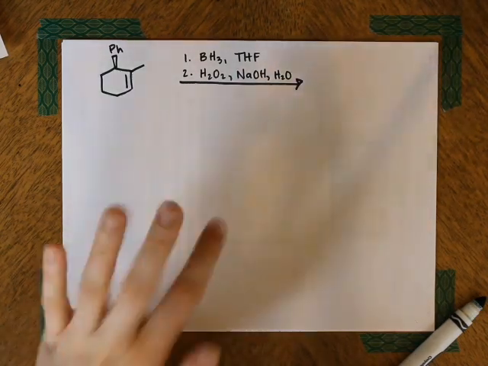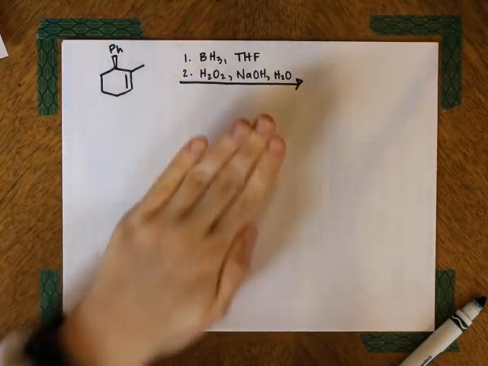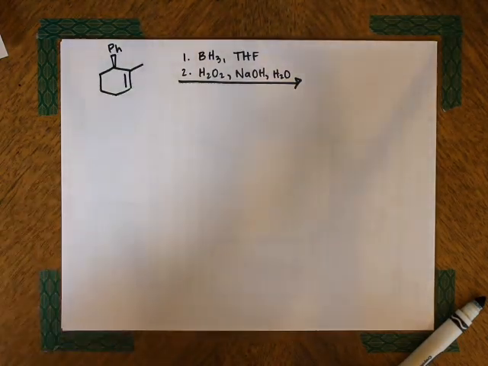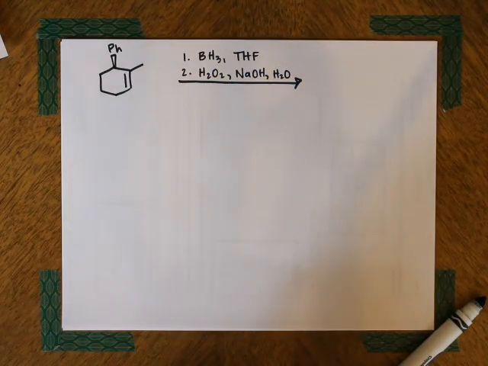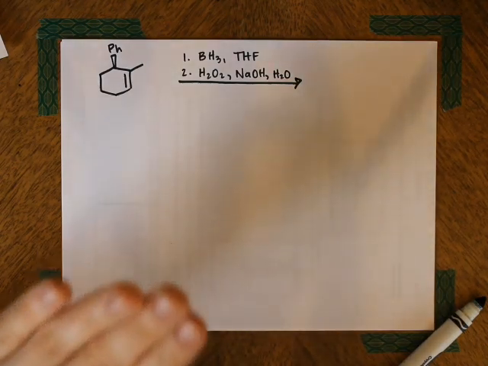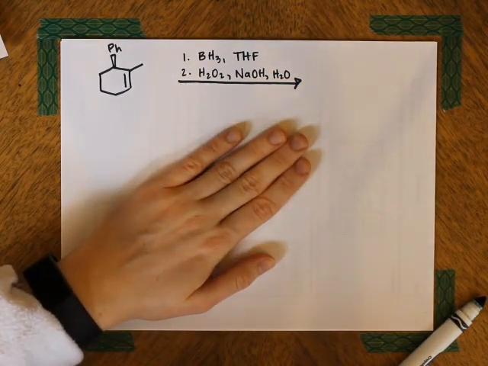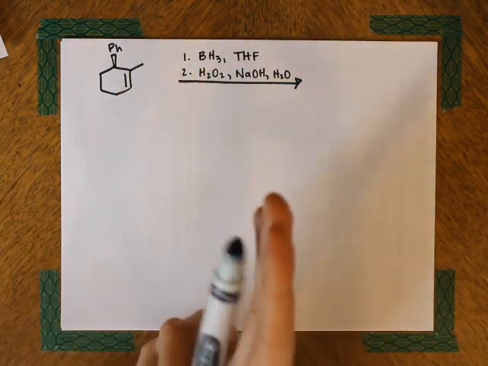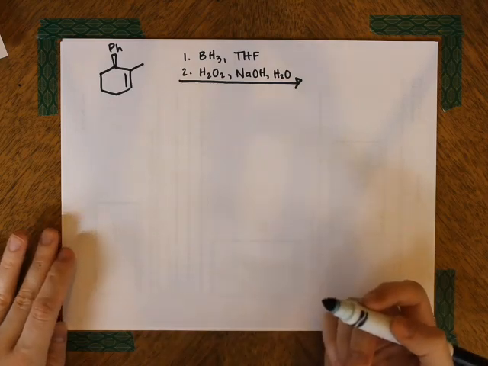There's no bending and rotating of alkenes. They're planar. So that's why this BH3 mechanism is going to be syn addition. The stereoselectivity is going to be syn addition because the BH3 is going to approach the alkene either this way or this way. So let's look at what that looks like.